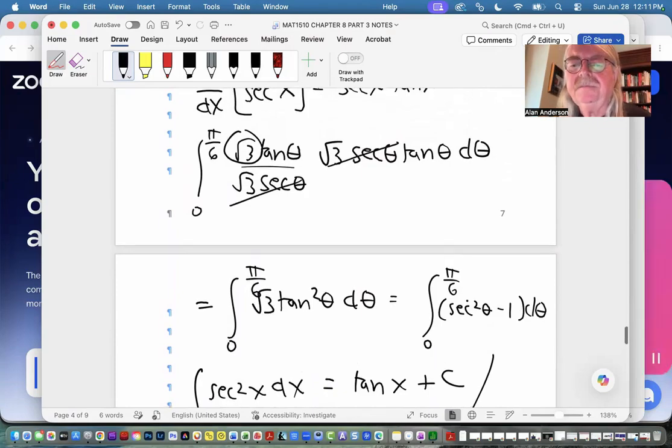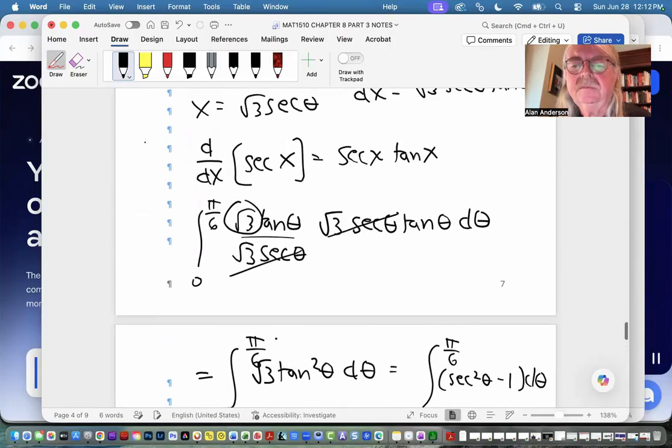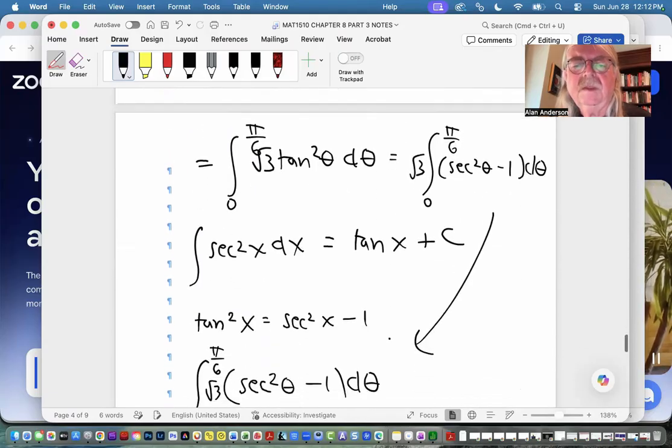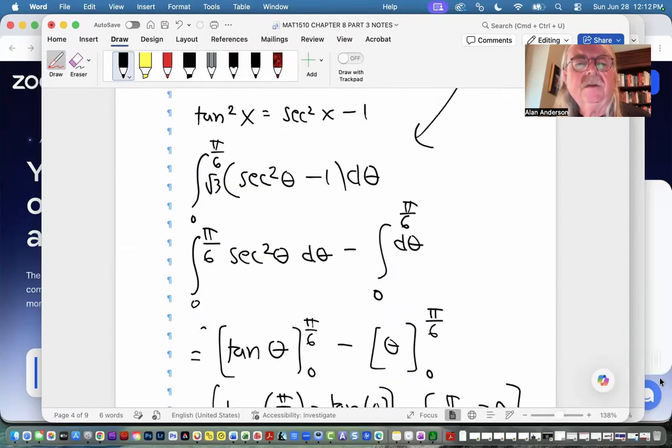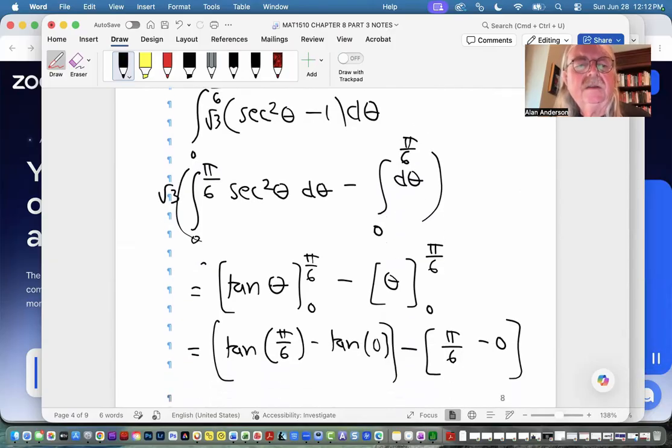So that means, yeah, let me fix that right here. All right. So the radical 3 can fit out here. All right. That's better.